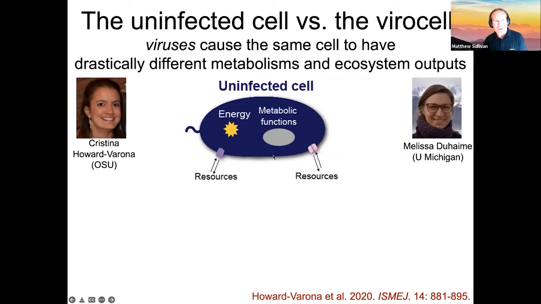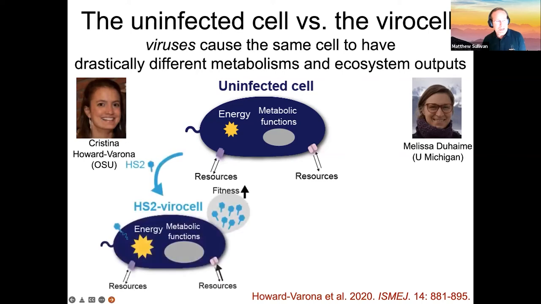And so this is just a schematic, high-level picture of that to show you what the uninfected cell might look like. And when we infected it with a virus called HS2, the HS2 virocell had more energy required, more diversity of metabolic functions, particularly brought in certain kinds of resources, and that led to a large viral fitness of this virus.